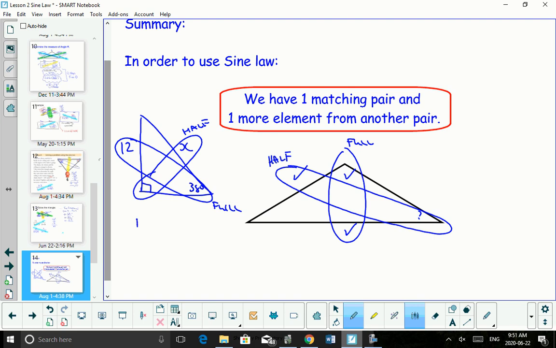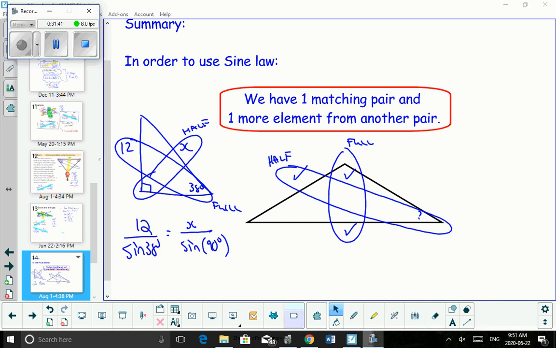So you would go 12 over sine 38 equals x over sine 90. And the same thing, you would cross multiply and divide, and you would get out the side x. So you would do that instead of SOHCAHTOA. Okay, and it does work. It works beautifully.